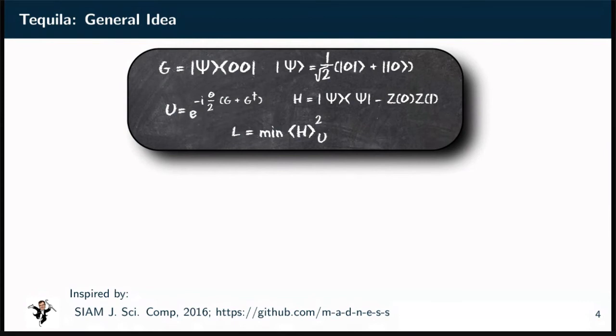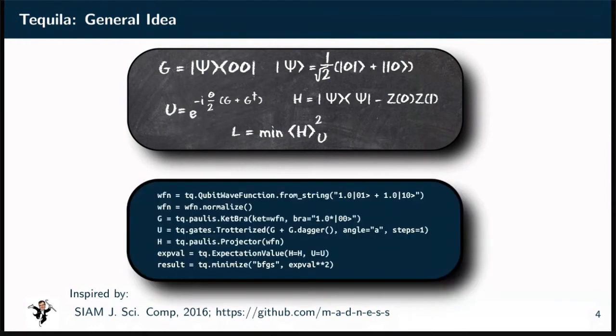Then, if you say, okay, we can formulate our original problem as a minimization problem of these expectation values, but we rather take the square of it, for example, then the Tequila code to realize this looks like the box below. The idea is that the top-level code represents what is on the blackboard as close as possible, which makes the initial implementation easy, but also makes it readable for other people.